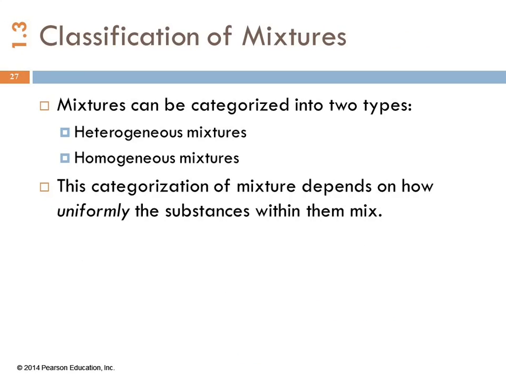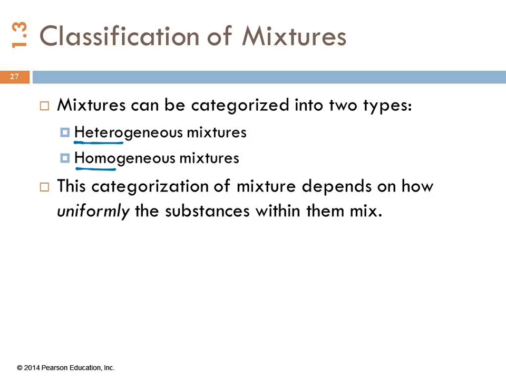So that was the pure substance side, and then the other side was the mixture, and we can categorize mixtures into two different groups, heterogeneous and homogeneous. And here we go with the prefixes again. Hetero and homo. Hetero is a prefix that means different, and homo is a prefix that means the same.